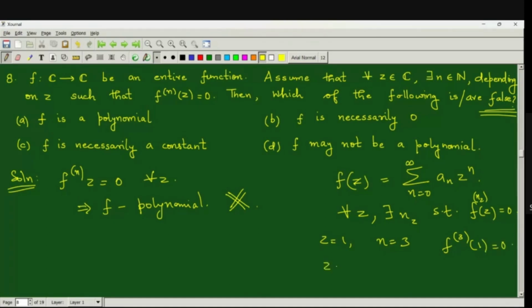But if I take z equal to 2, I will be getting some other n. It is 5. So this thing is 0. But this doesn't mean that the fifth derivative at 1 is 0 or the third derivative at 2 is 0. It doesn't mean that the nth derivative at every z is 0. That's why I'm asking you how you got it as a polynomial.